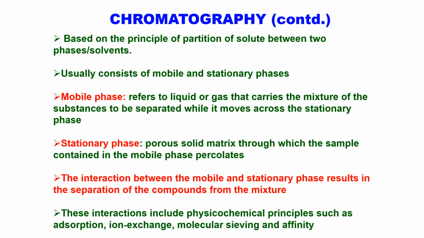These interactions are based upon physicochemical principles, and the physicochemical principles are adsorption, ion exchange, molecular sieving, or affinity. So these are the interactions which form the basis of chromatography.